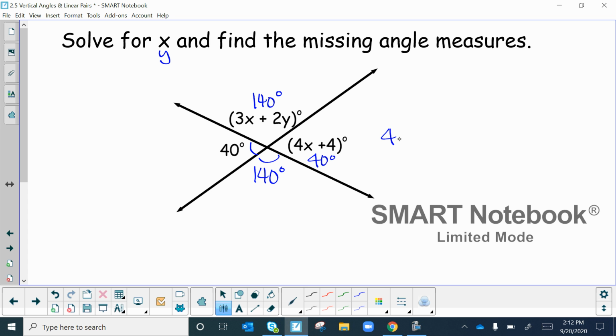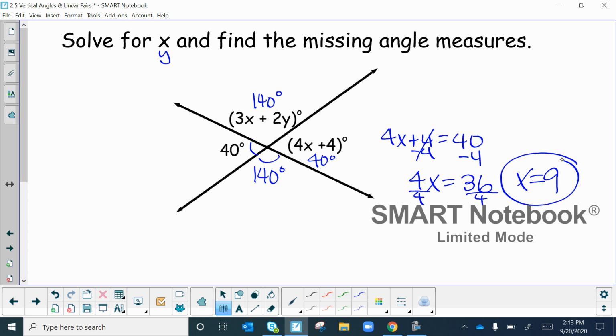So we're going to set 4X plus 4 equal to 40. Subtract 4. We get 4X equals 36. Divide by 4. And X equals 9. All right, so now we're going to plug that in. So we solve for X, and we're going to plug that in over here to solve for the Y. Okay, so I'm going to use that equation. So 3 times 9 plus 2Y equals 140.